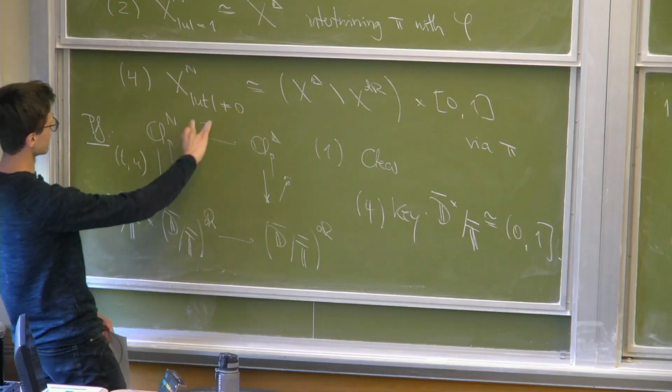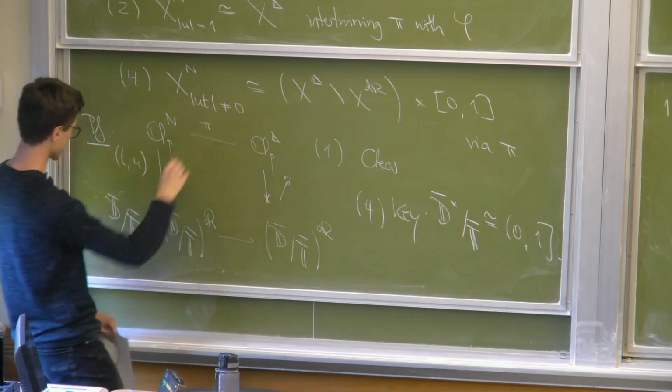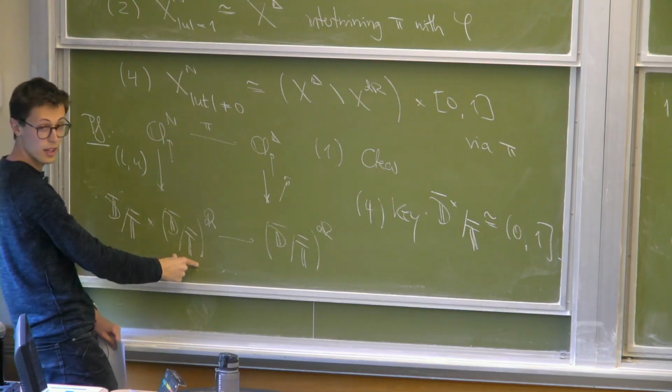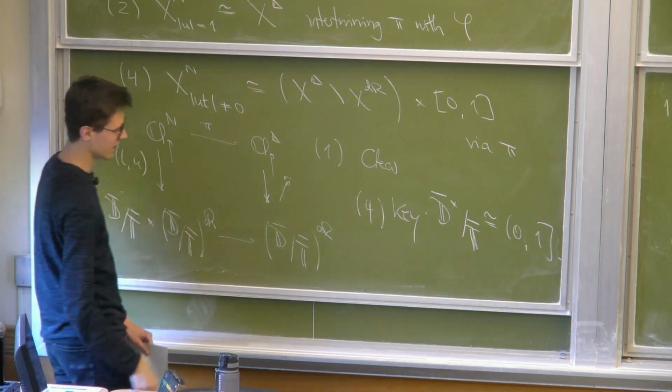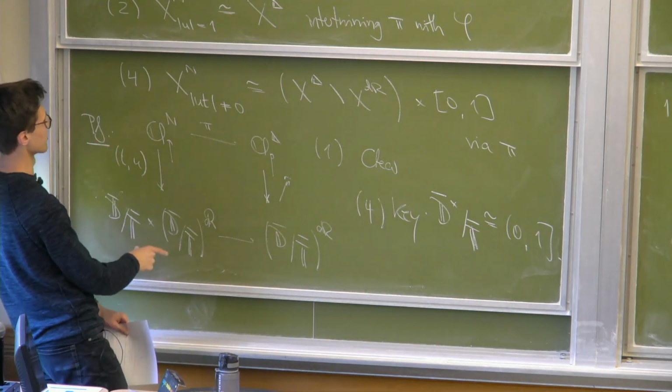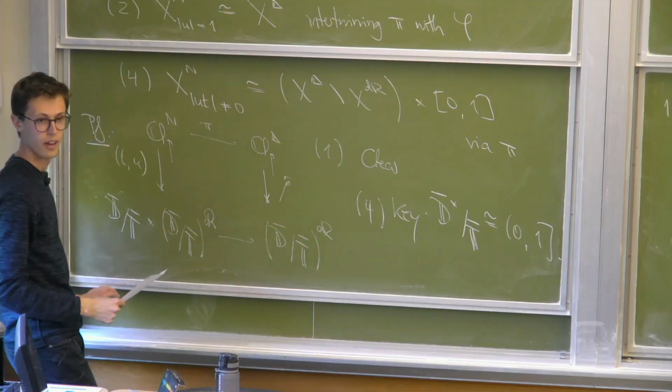And so this means that on this locus, I just have (0, 1) times (0, 1) here. And then you have to twist by some automorphism of this thing to get that.